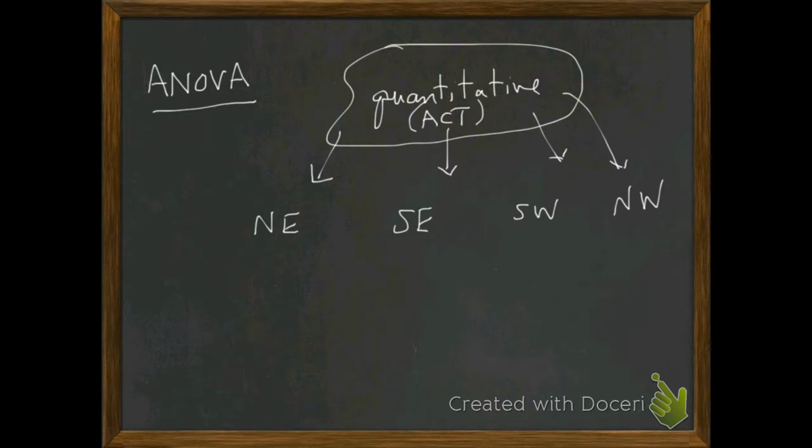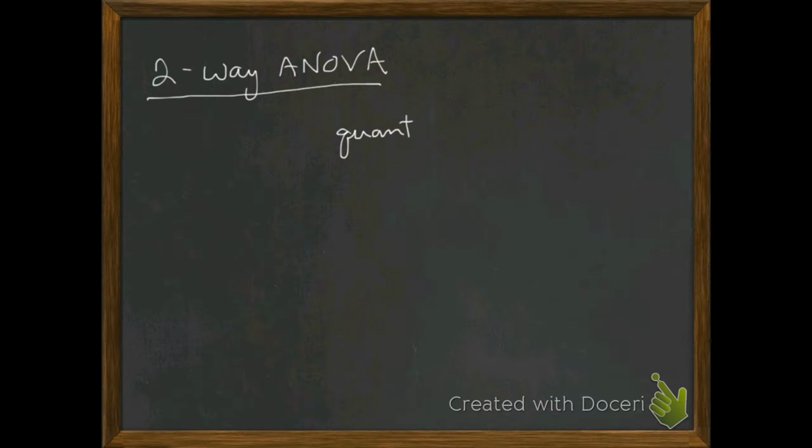Now, a two-way ANOVA works pretty much the same way. We start out with a quantitative measure. But we want to bring this into multiple layers.